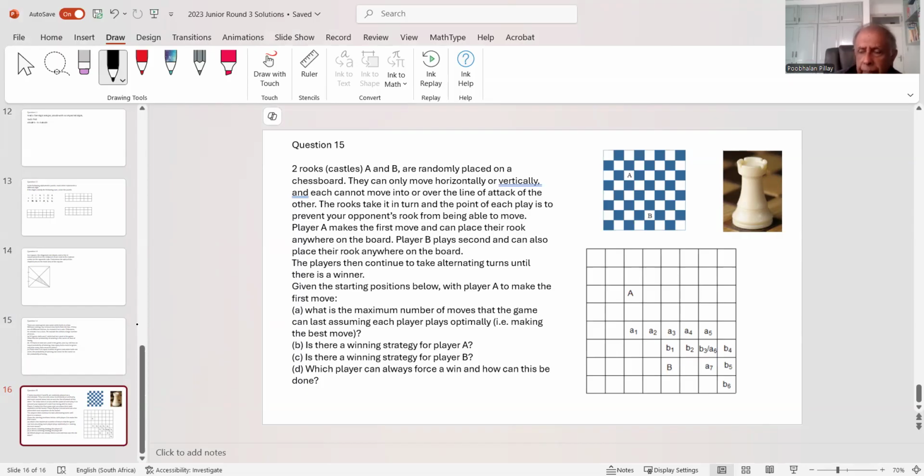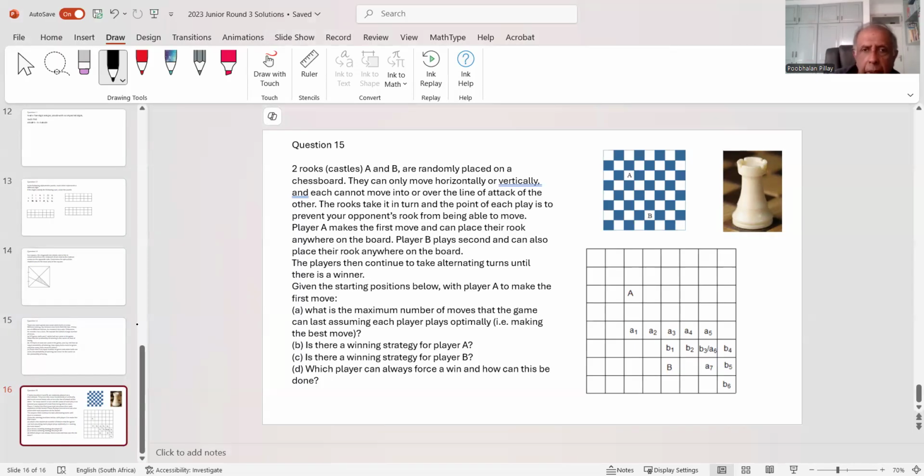It doesn't matter what the colors are. A rook is a castle. If you play chess, you know it looks like this piece. But even if you don't know how to play chess, what we are saying in this problem is that this piece can move anywhere along the vertical line or horizontal line.